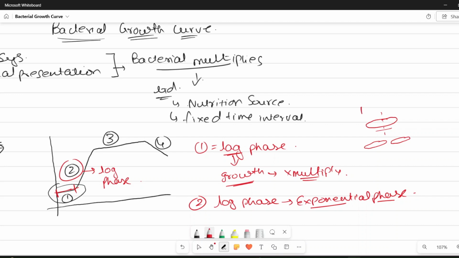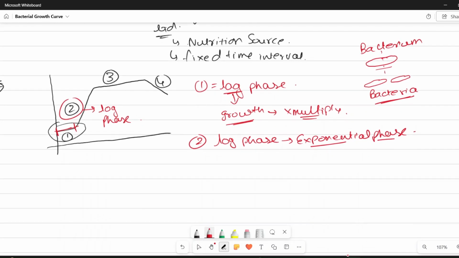When it is single, it is called a bacterium, and under the multiple population, whether it is 2, 4, or 100, it is called bacteria. So bacteria is basically the plural version of bacterium. This particular phase is seen in contrast to the lag, whereas when the population starts to increase in number, it is called the log phase.